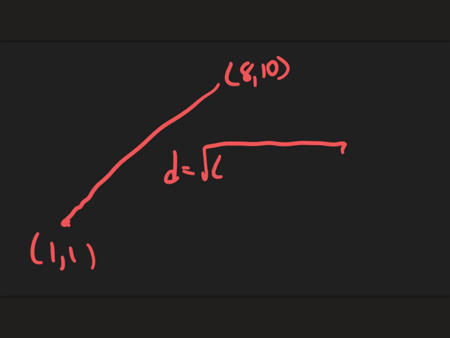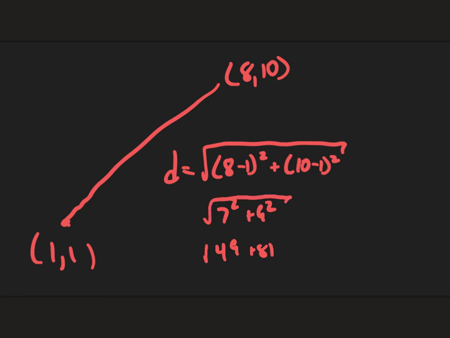I'll take my x's first, and I'm taking 8 as my x2 minus 1, quantity squared, plus 10 minus 1, quantity squared. And I'm going to go from here, 7 squared plus 9 squared, which gives me 49 plus 81. Don't forget to square root it. 130, which is the square root of 130. That is my distance.